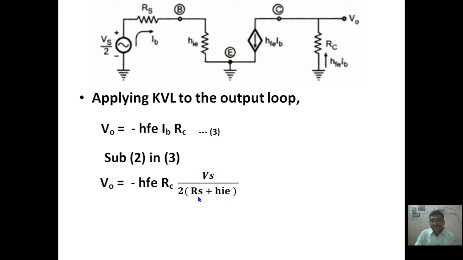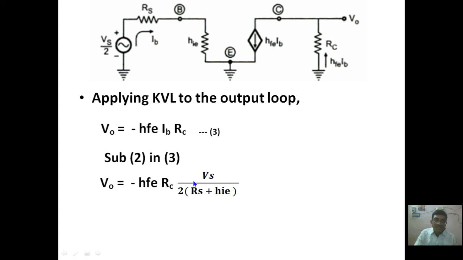Our intention is to calculate the differential voltage gain, which is the ratio of output voltage to input voltage. Here you can observe the output voltage V0 is on the left hand side and the input voltage Vs is on the right hand side.